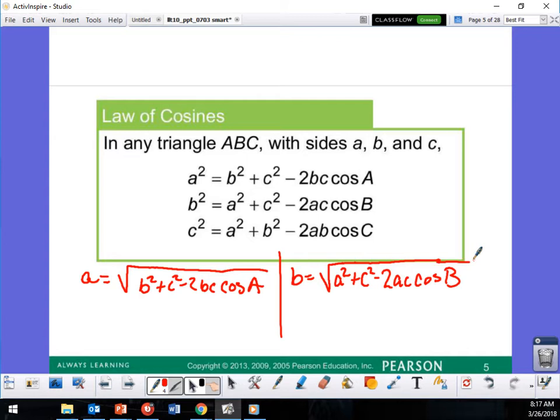Okay, so do you need me to actually do c also? No. You think you figured it out? Okay, so it's basically the same thing. Just square root both sides. Now, there's a reason why, because whenever you're doing that, it's going to give you a plus or minus. Am I ever going to be dealing with a negative side length? No. But I have a question.